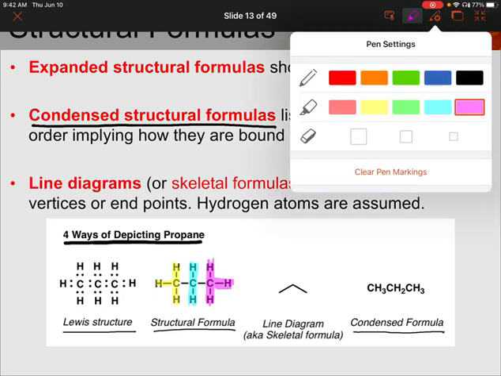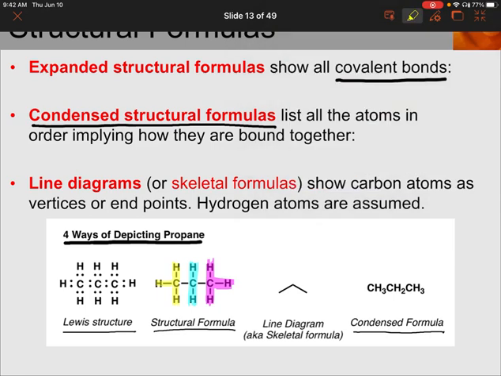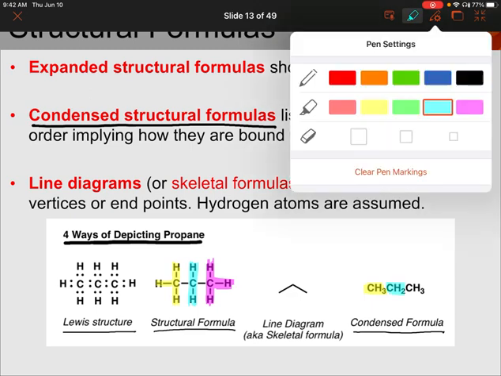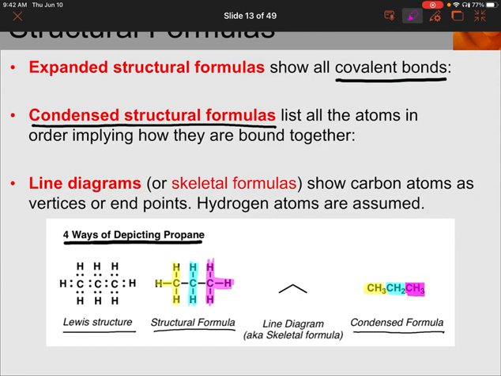And we can just kind of collapse all of those to say we have CH3, CH2, CH3. And then it's just understood that all of the carbons are attached to each other, and then the hydrogens are bonded to the carbon to their left. So that's another way to write it out, which can be much quicker.